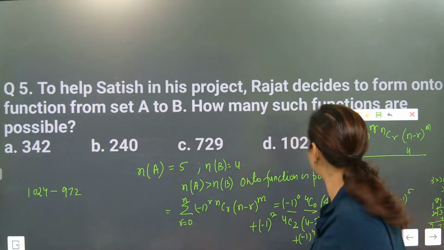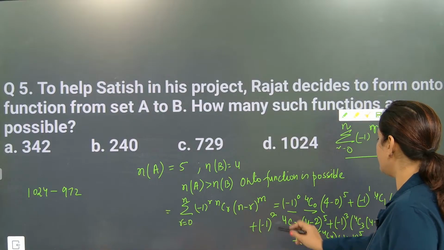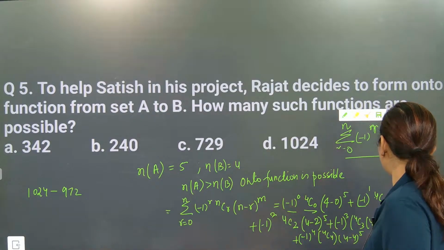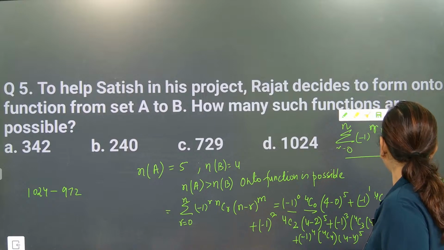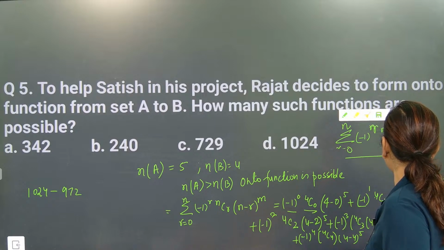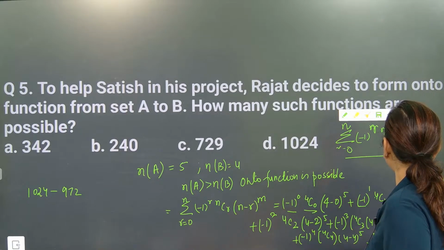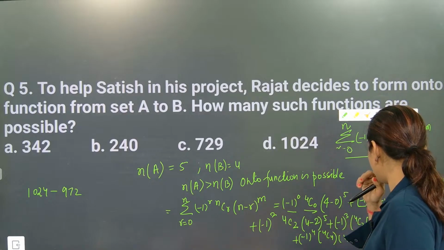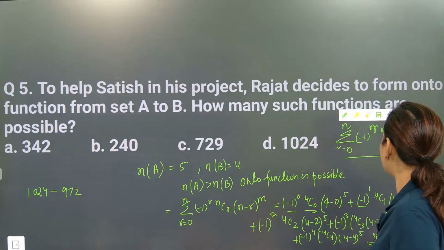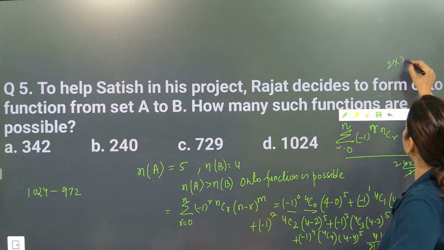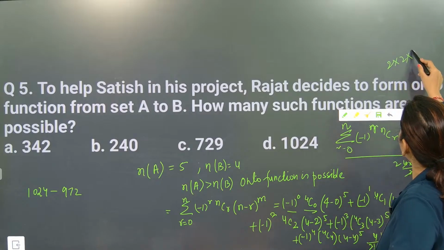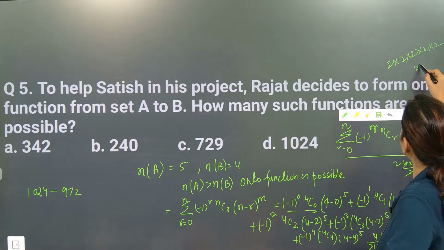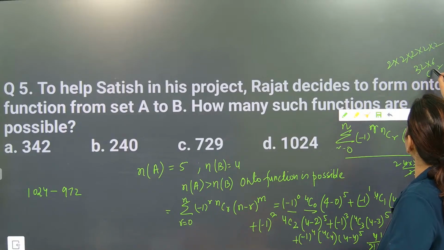I have a little bit of fever, so the calculation is a little difficult. 4C2 is 4 factorial over (4 minus 2) factorial times 2 factorial. So 4 into 3 into 2 factorial by 2 factorial into 2 factorial; this cancels and 6 is coming. 6 with 2 to the power 5. 2 to the power 5 is 32, and 32 into 6 is 192.